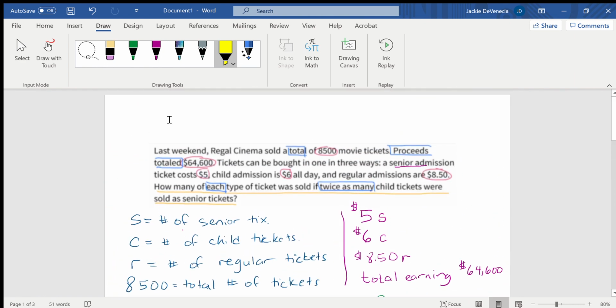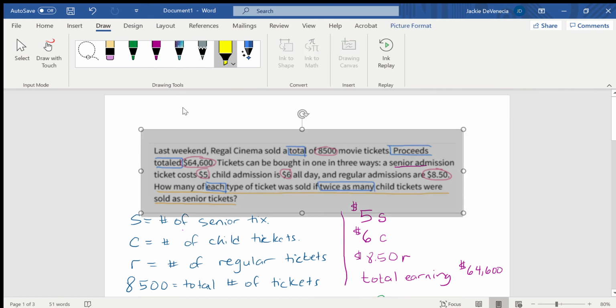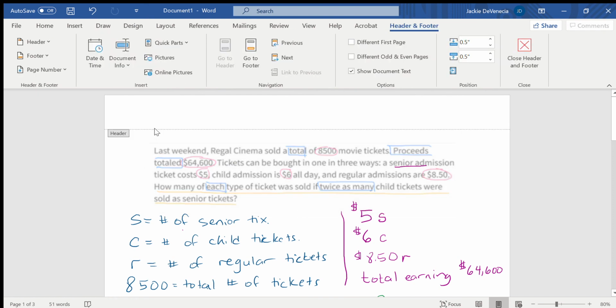So let's write that over here. Oh, here you go. So they sold 900 senior tickets, 1,800 child tickets, and 5,800 regular tickets.